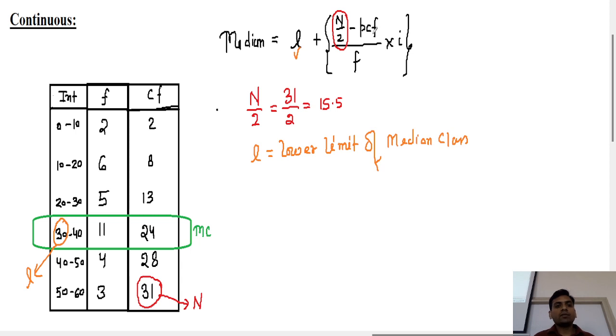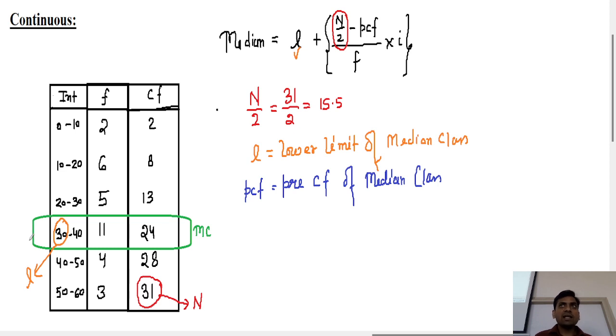Now next is PCF. CF is cumulative frequency. PCF is pre-cumulative frequency. Clear? PCF stands for pre-cumulative frequency of the median class.